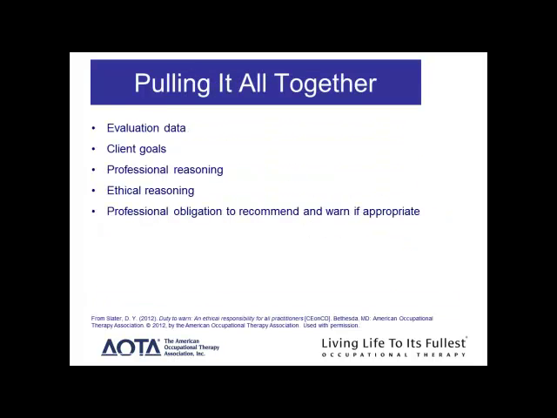Ultimately, the intervention plan and goals result from considering objective and subjective data from the evaluation, client input, and the application of professional and ethical reasoning to interpret the information. Recommendations and warnings, if appropriate, should be the outcome if safety concerns in any performance areas are evident and are supported by data.